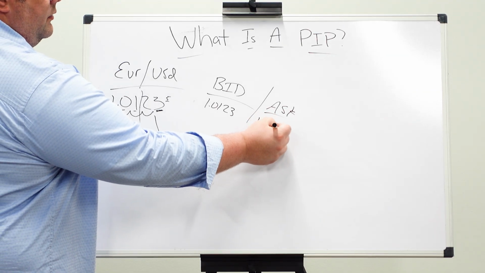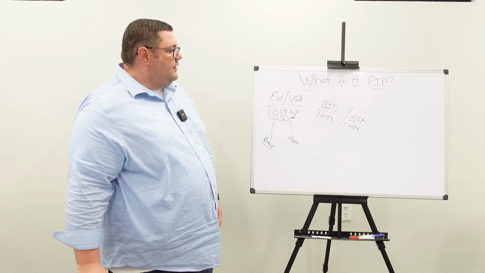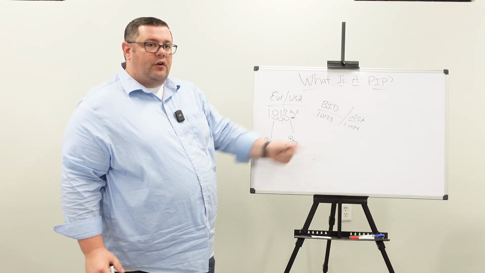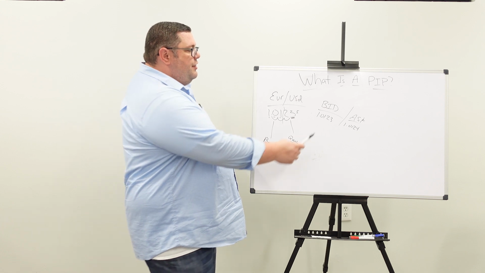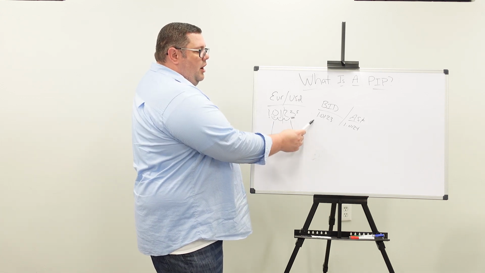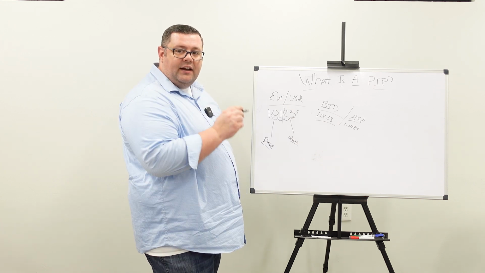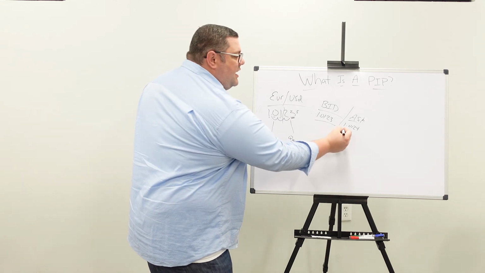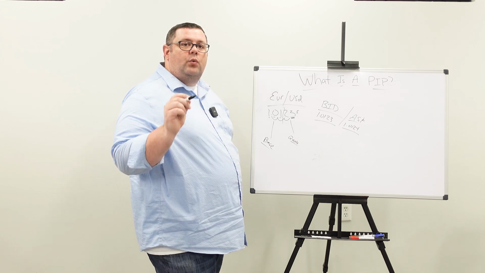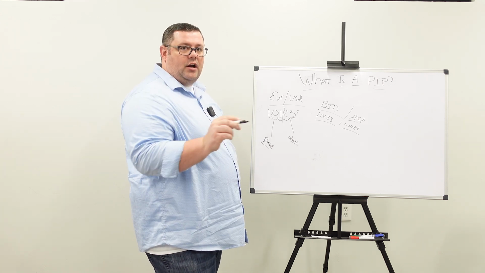When you see a difference, this is how much a broker is willing to pay for that currency, and this is how much a broker is willing to sell that currency for.